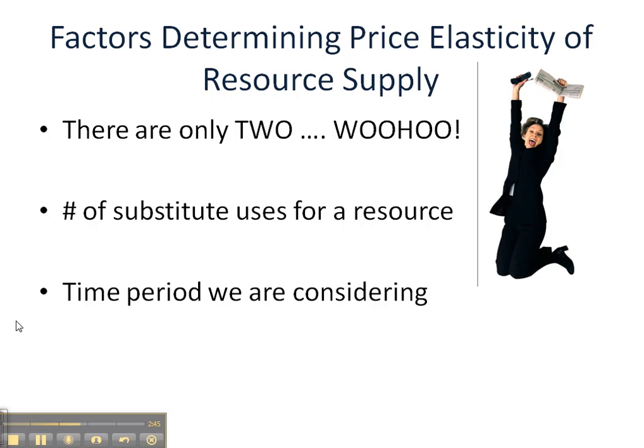One of those is the number of uses of the resource, and the other one is the time period that we're considering. Let me give you a couple of examples. There are few, if any, substitutes for a rocket scientist, and as a result, the price elasticity of supply for a rocket scientist would be very, very low. But typically, the longer the period under consideration, the more likely it is that substitutes for a resource can be discovered.